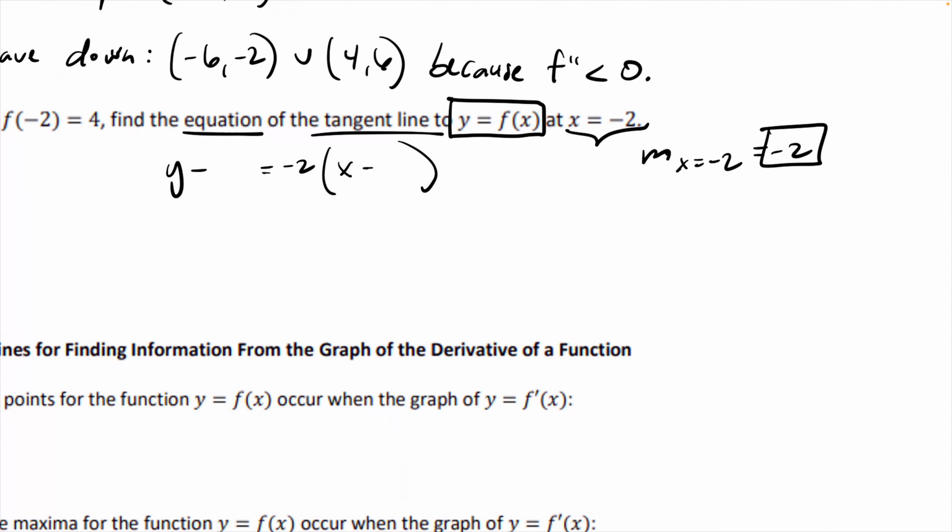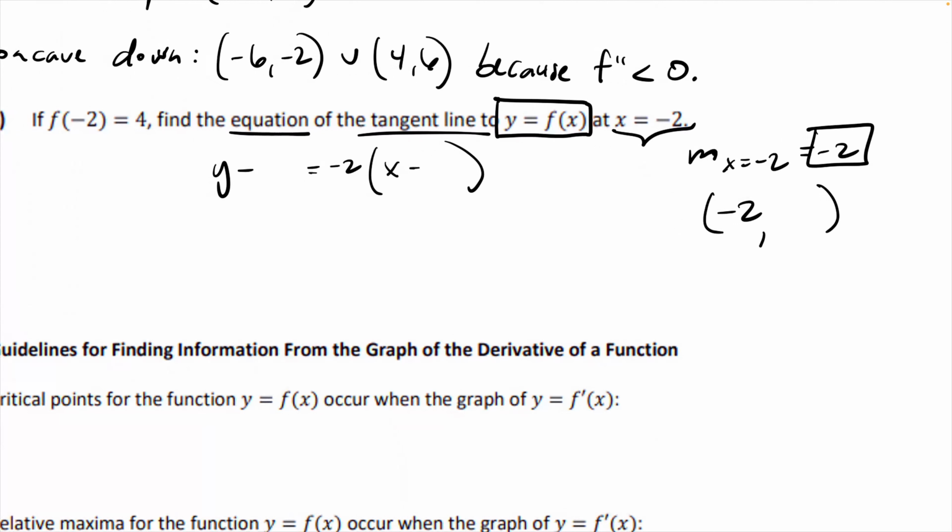We got a slope. What else do we need? The x and y value. One of them we know. The x value. x is -2, right? What's y? How do you know it's 4?